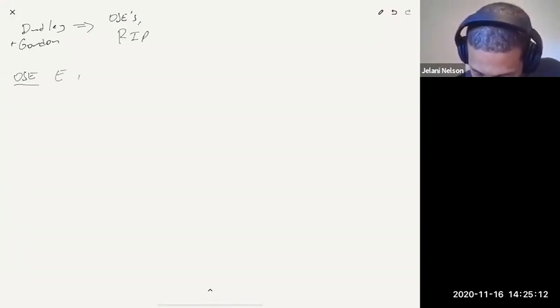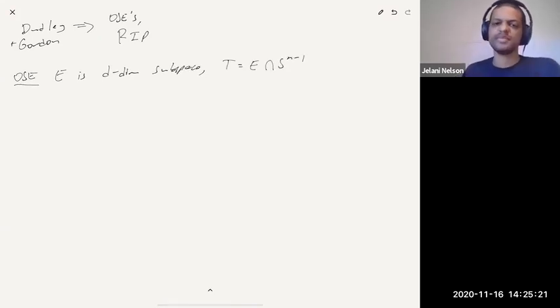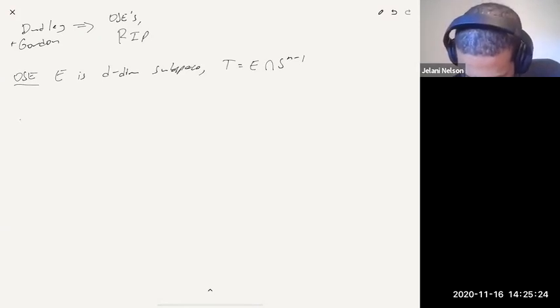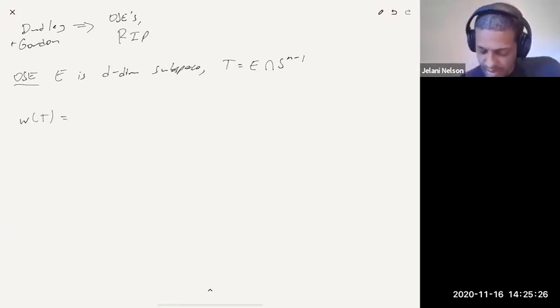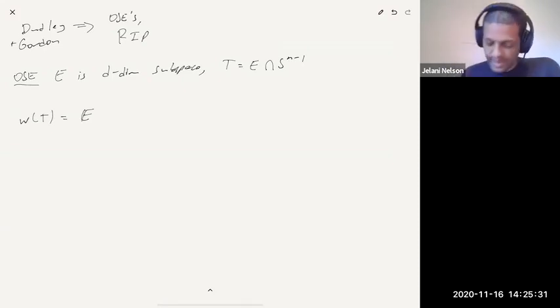So E is a d-dimensional subspace, and T is equal to E intersect S^{n-1}. So what is w(T)? It is equal to the expectation of, well, to be fair, you don't really even need to do Dudley here. So let's write it down.